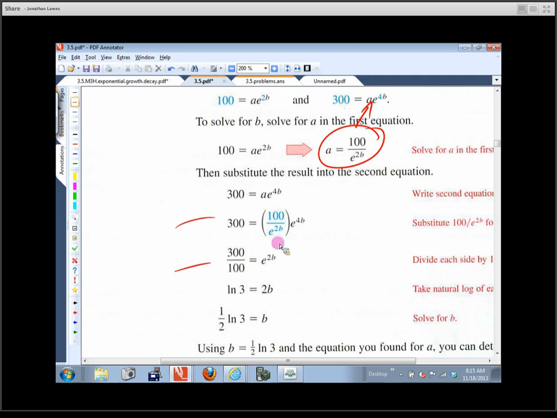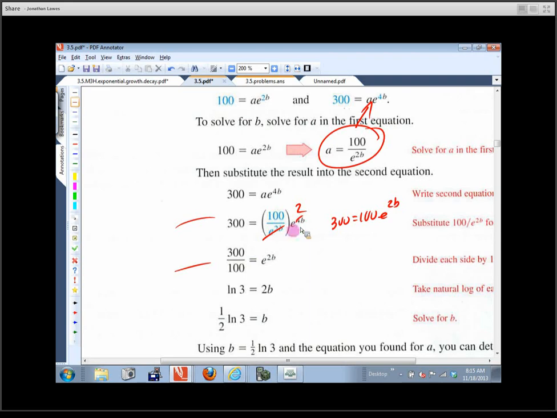E to the 2b. I'll take that. It might be a little bit easier to see this. There's e to the 2b on the bottom and e to the 4b on top. So if I cancel this with that, that's going to be a 2. So I've got 300 equals e to the 100 e to the 2b.